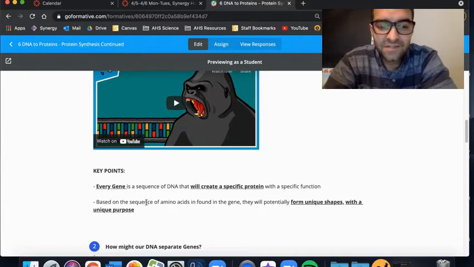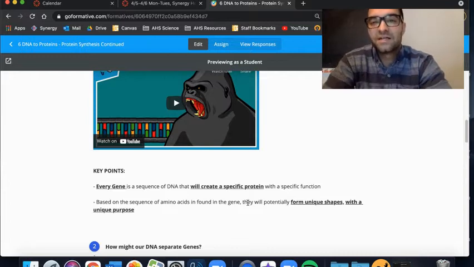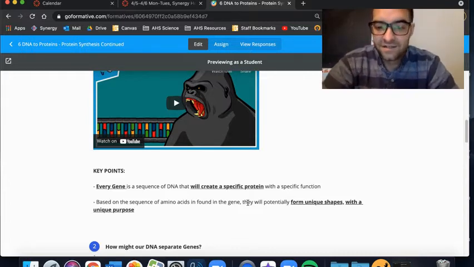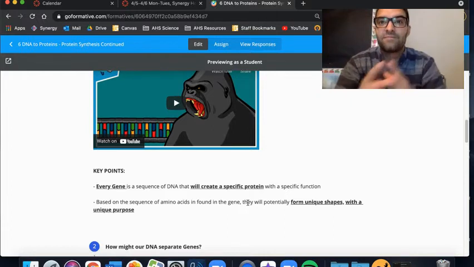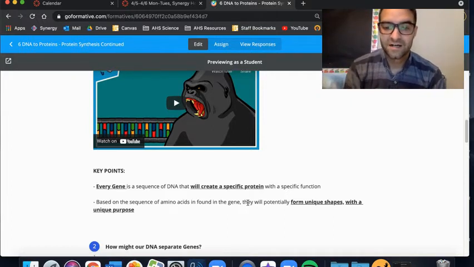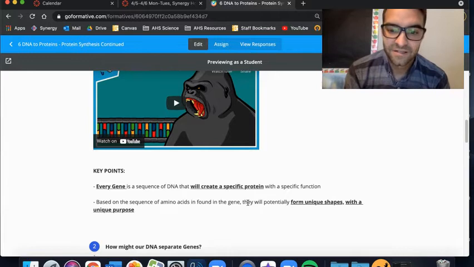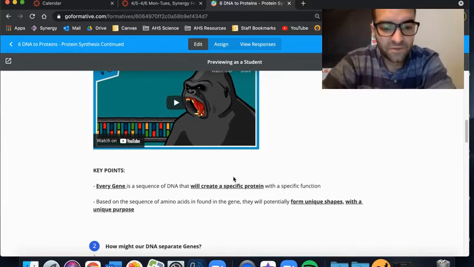Based on the sequence of amino acids found in the gene, they will potentially form unique shapes with a unique purpose. We have the various amino acids that we talked about earlier when we introduced proteins. We have essential and non-essential amino acids, and every combination of those can create something different. That's important for us to bring out of that video.